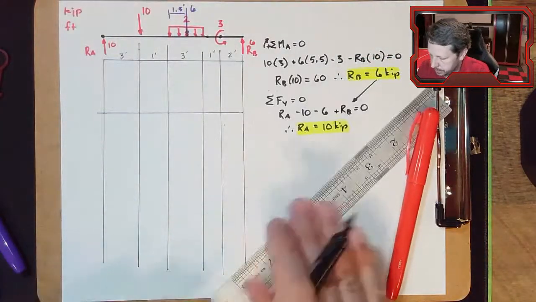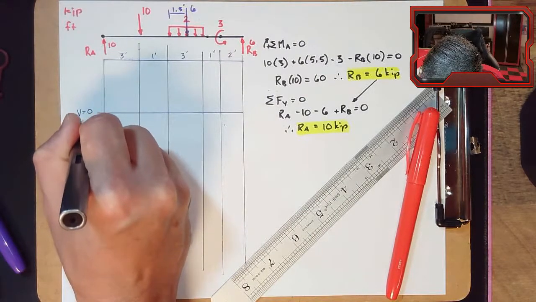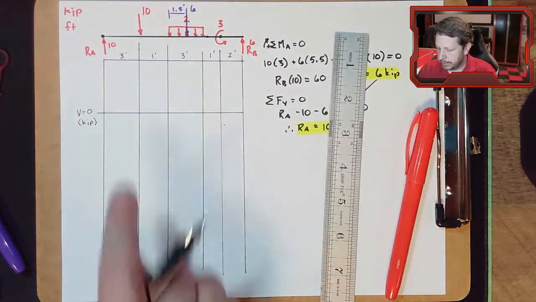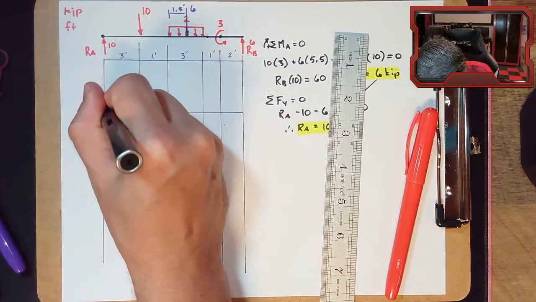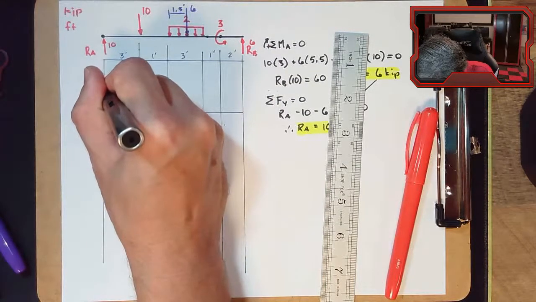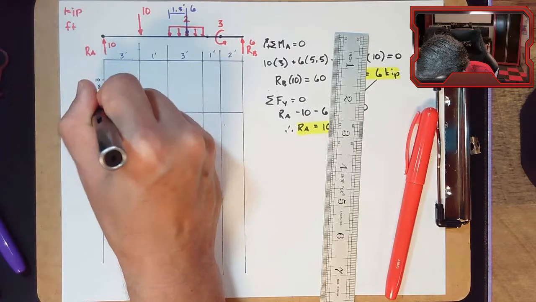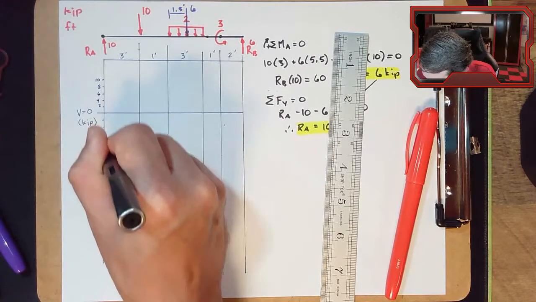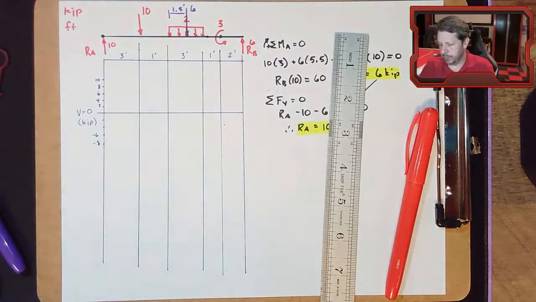So there is where V equals 0, and all of these will be in units of kip. And we're going to have to deal with things like 10 and 6. So I'm going to go 2, 4, 6, 8, 10. And then we'll go -2, -4, -6, -8. And those will be in between there.